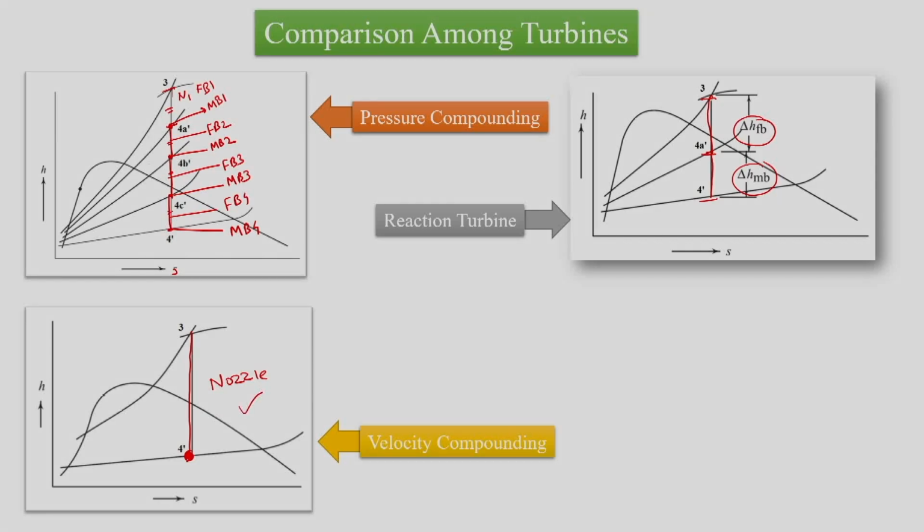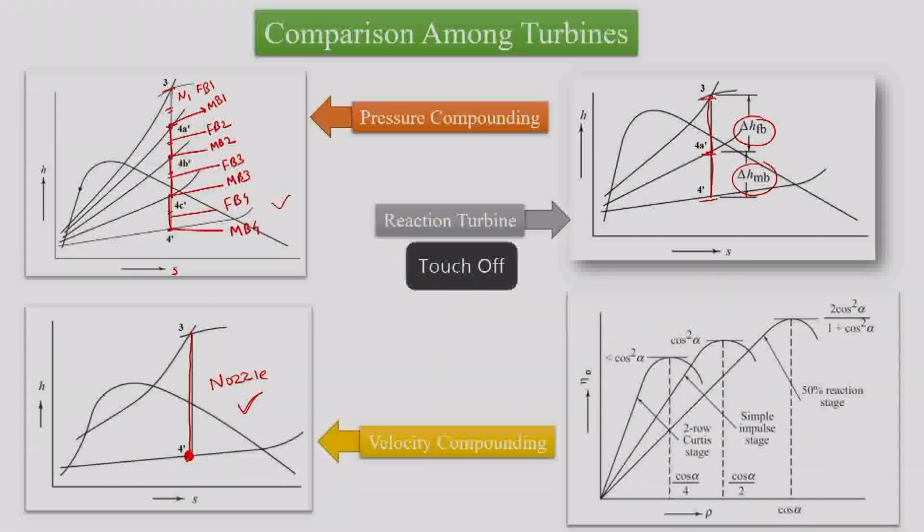This is for multiple stage or single stage velocity compounding, and this is for the multi-stage impulse turbine, which is pressure compounding. And then this diagram is same for the single stage impulse turbine, which is pressure compounding. Having said this, now we can compare the efficiency and rho formula.